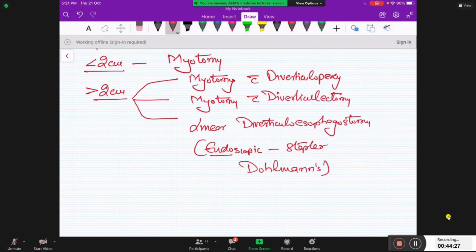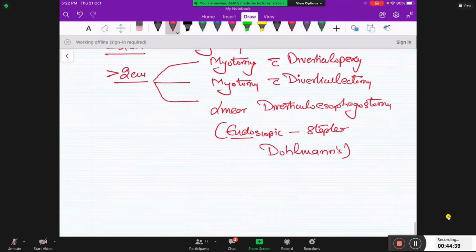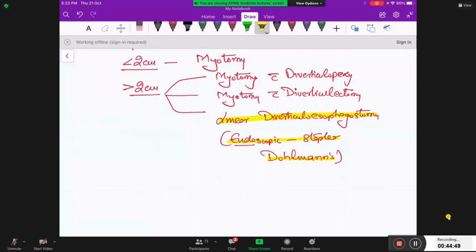It is Dolman's procedure. Right? So, out of these various options, the preferred one is Dolman's procedure.